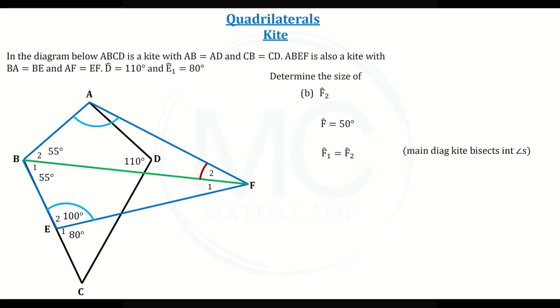The main diagonal cuts angle F into two equal halves. So if angle F is 50 degrees, then angle F2 must be half of 50, which means that angle F2 will be equal to 25 degrees.